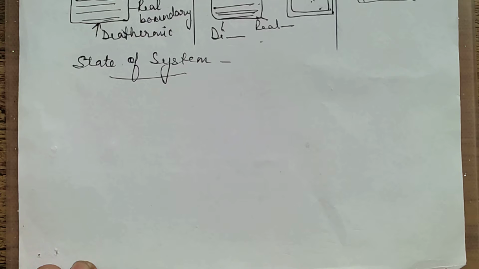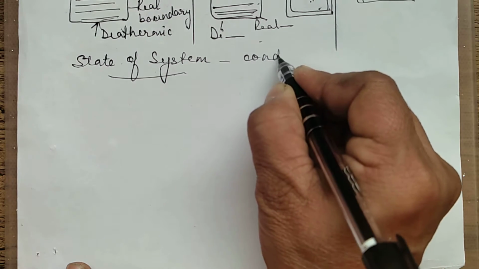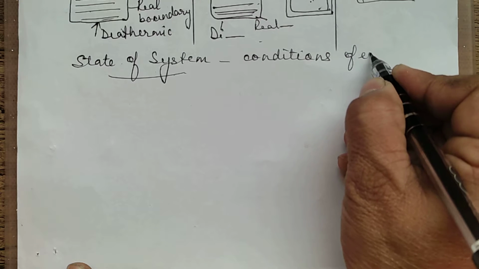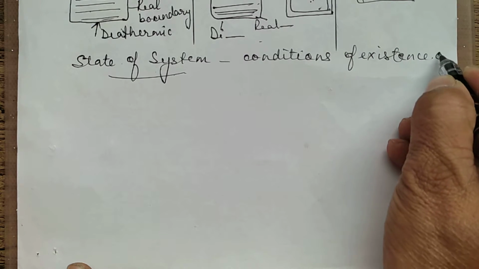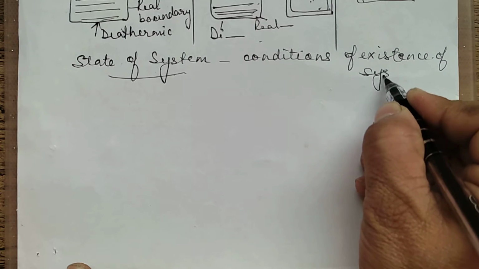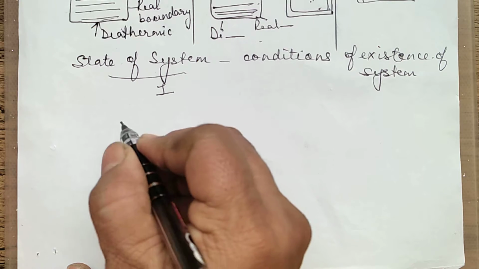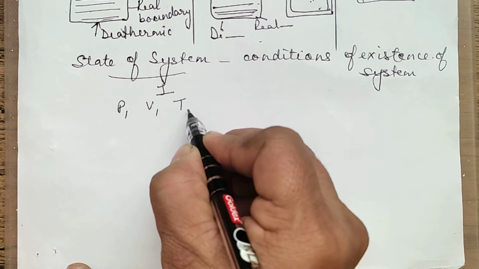Got it? Now, another term is the state of a system. State of a system is defined as the conditions of existence of a system. For example, we have taken some gas in the first condition where the pressure is P1, volume is V1, and T1 is the temperature.